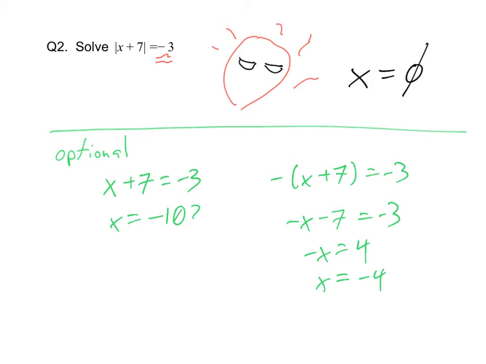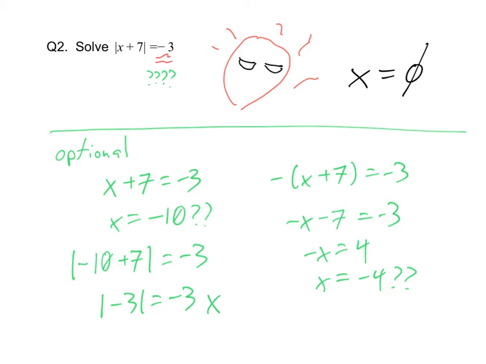Now wait a minute. We ended up with two solutions to this problem, but we determined at the start that there should be no solutions to this problem. Now you can see why it's important to take any solutions that you find and substitute them back into the original problem. So in this case, we would have the absolute value of negative 3 is equal to negative 3, which is not a solution.